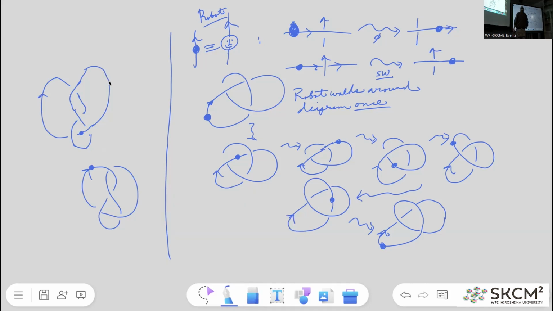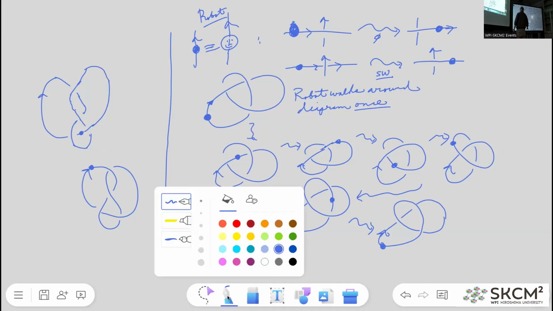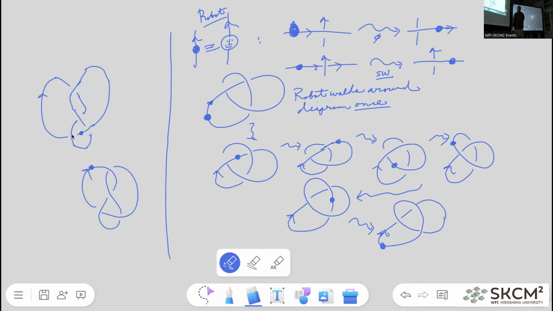And one more crossing switch and we're done. Interesting to see whether we've made some mistake or not. Over. Worked out. Came back to where we started, and the diagram is unknotted.